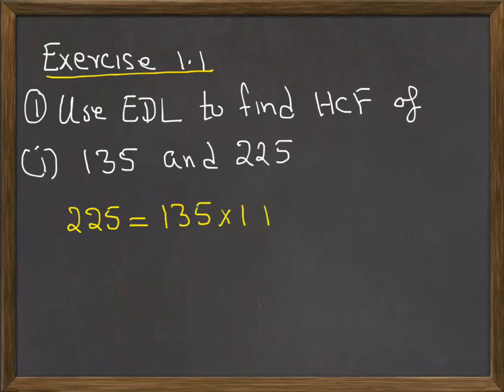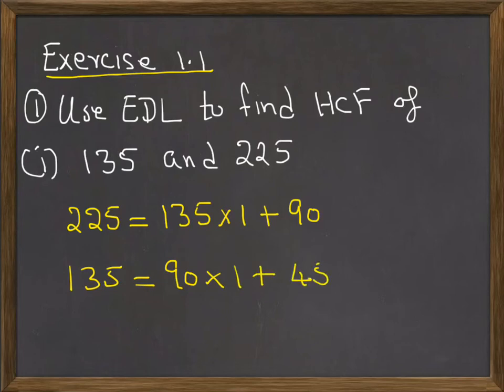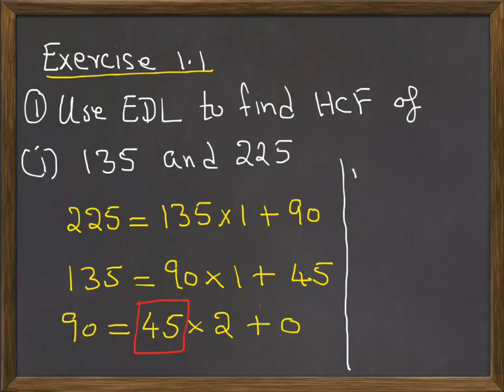So 135 times 1, and the remainder is 90. Continue the process. 135 divided by 90. 90 times 1, and the remainder is 45. And 90 divided by 45. So 45 times 2 is 90, and the remainder is 0. So the HCF is 45. So the HCF of 225 and 135 is 45.